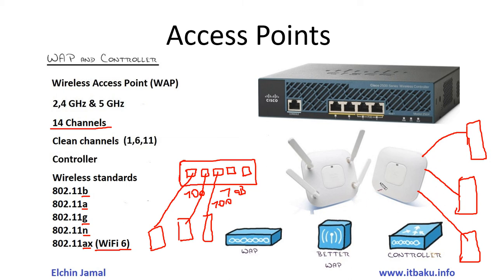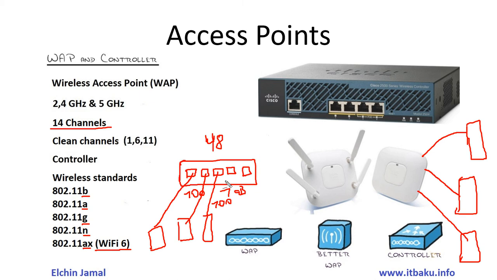The access point cannot provide separate speed like a switch. A switch provides separate speed from each of its ports, 100 megabits for each port. If this switch has 48 ports, 48 devices can connect, and each port will use its own separate isolated speed without any problem. But an access point is a little bit different.